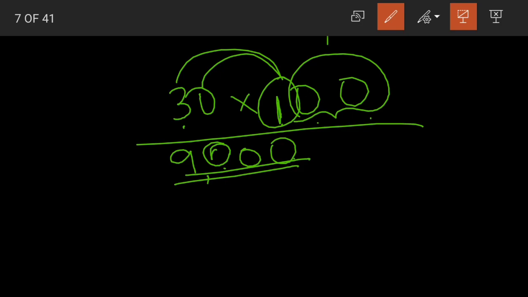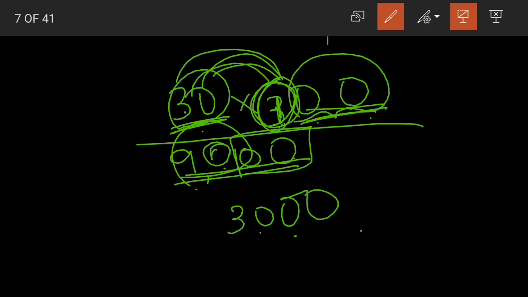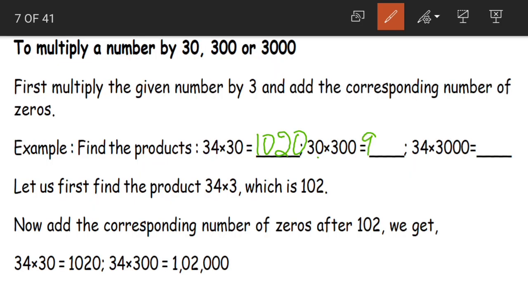See, if it was 100, what did we do? 30 ones are, we know that any number multiplied by 1 will be the number itself. So directly we wrote the number and then there were 2 zeros, so we added 2 zeros. But here instead of 1 we are having 3. So we need to multiply. 3 threes are 9, and then we are having 2 zeros, so adding 2 zeros. Clear children? 30 into 300 becomes 9000.